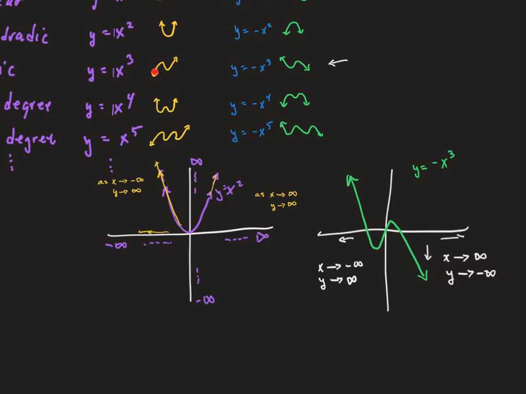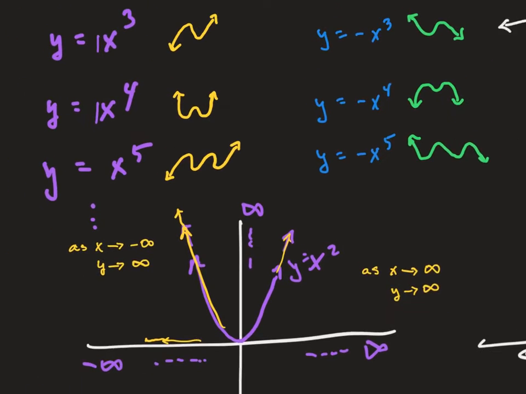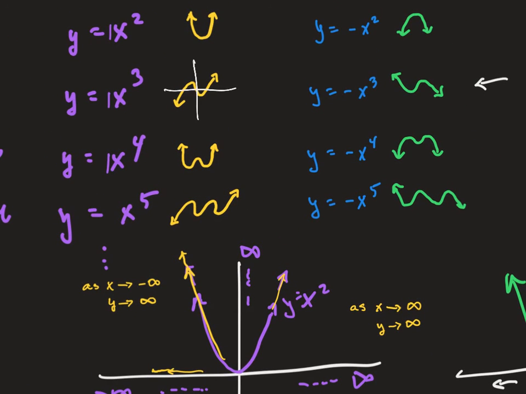Okay, as this function, as x approaches negative infinity, my y approaches negative infinity. As x approaches positive infinity, my y approaches positive infinity, because that's the direction that it is going on the coordinate plane, right?